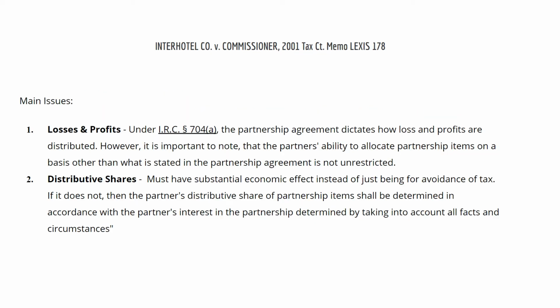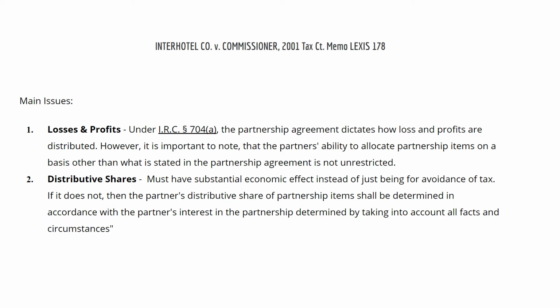So there were 5 main issues that went along with this case. The first issue was losses and profits. Under IRC 704(a), the partnership agreement dictates how losses and profits are distributed. But it's important to note that the partners' ability to allocate partnership items is not unrestricted, as in it can change.